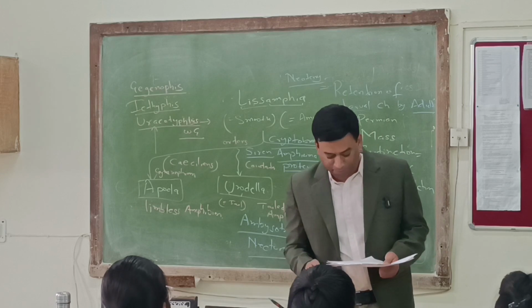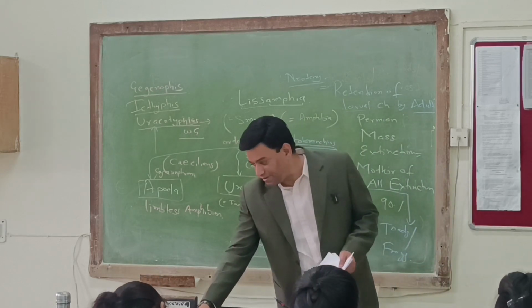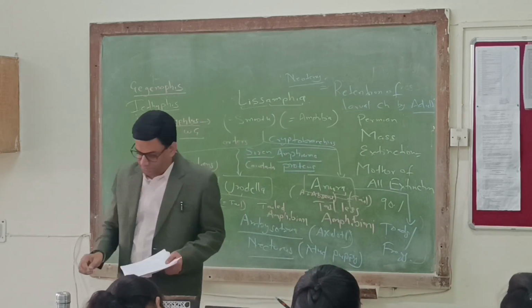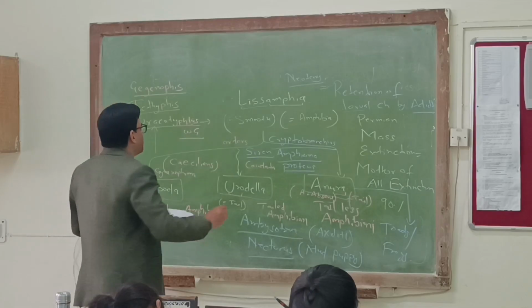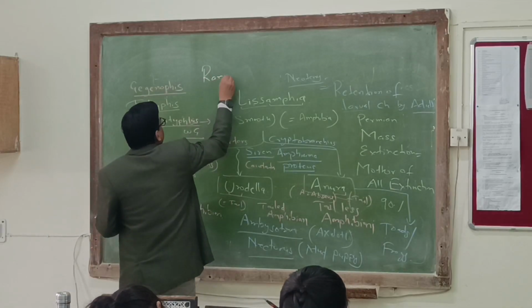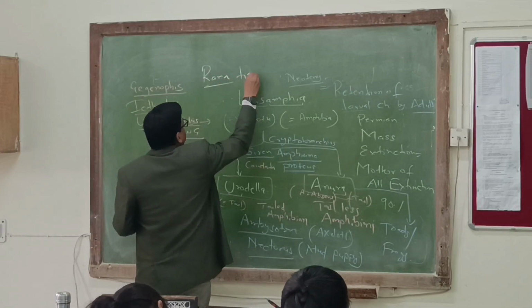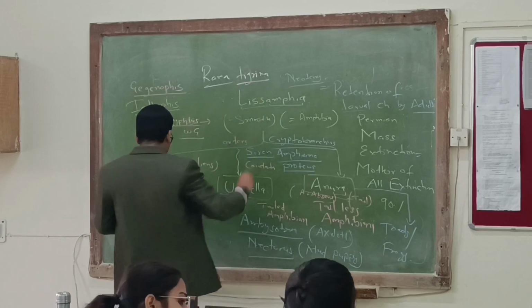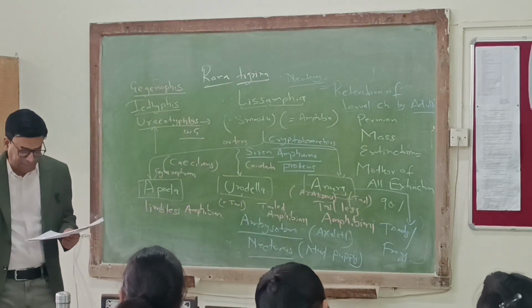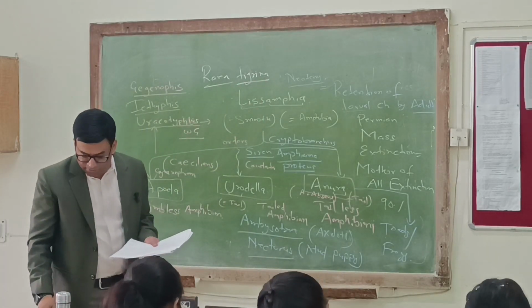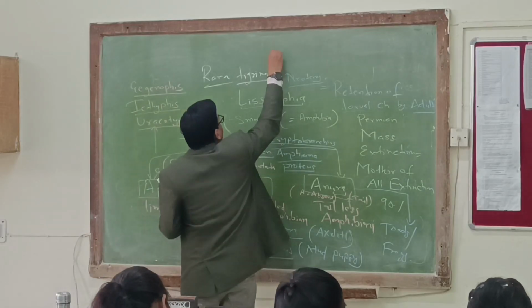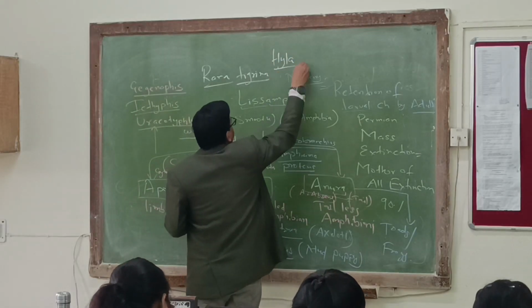So you can write a few names of the frog and toad, like Rana tigrina. What is the name? Rana tigrina, which is also called Indian bullfrog. Then next is Hyla. This is very famous.